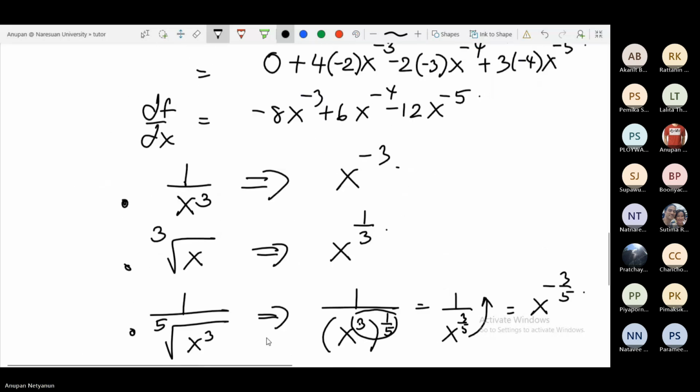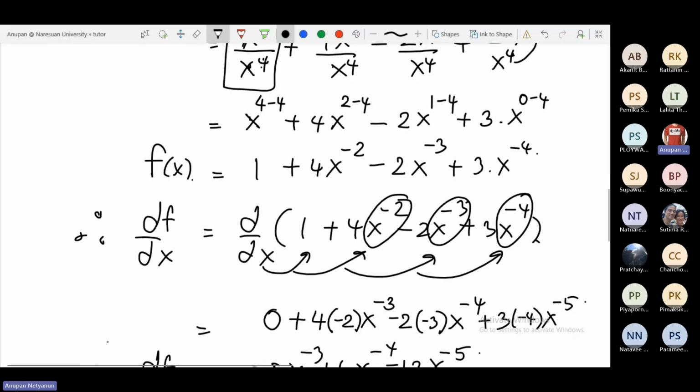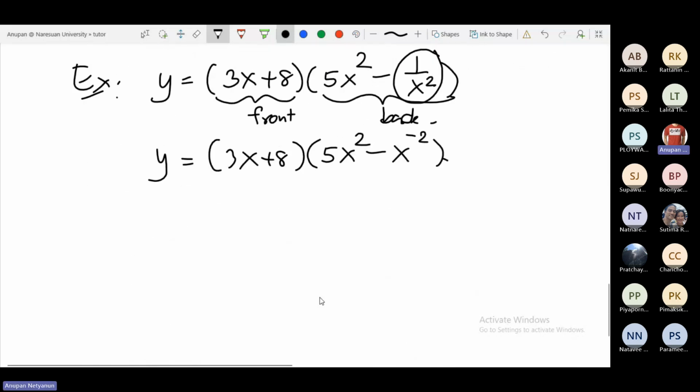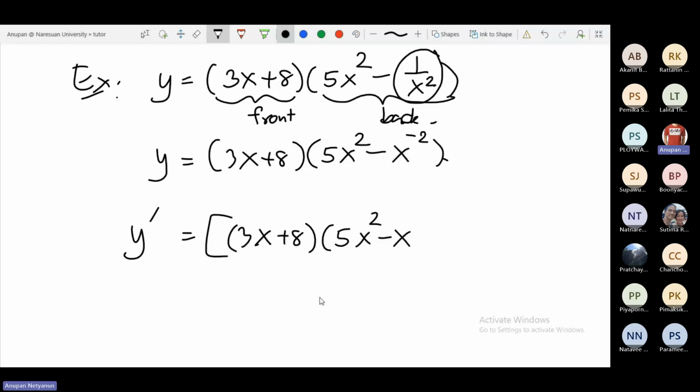So I use this notation for this one. Y prime is going to equal the right-hand side prime minus x to the -2 prime. Okay. And again, I need to use the product rule or multiplication rule.